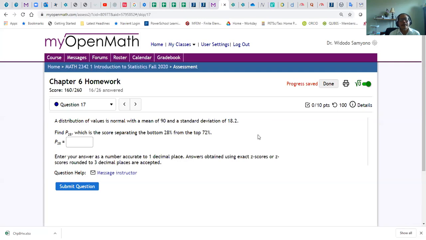So you need to find the number that separates the bottom 28% from the top 72%. It's simply using the inverse, then putting in the mean and the standard deviation, and you get the number.